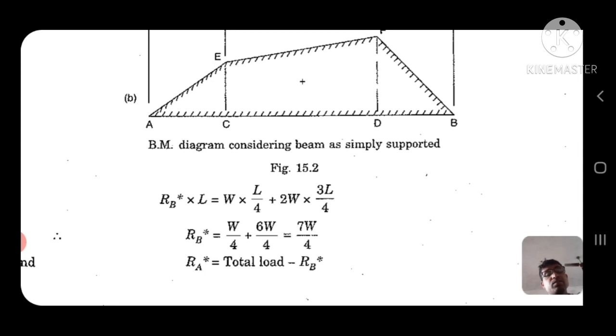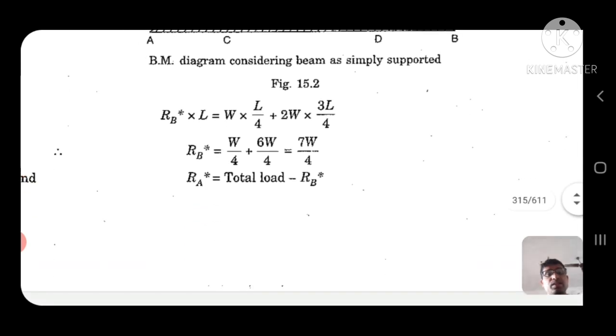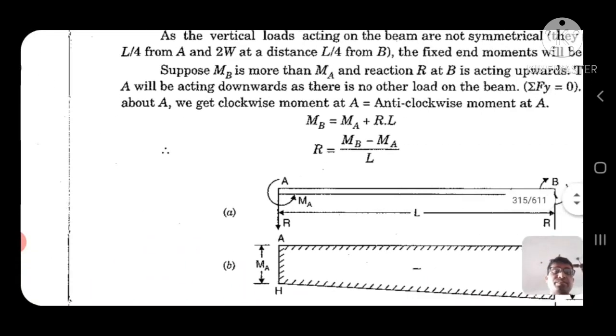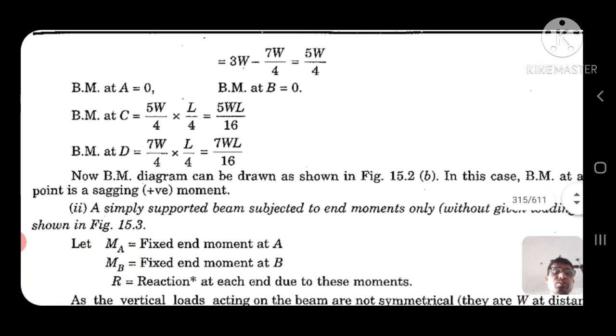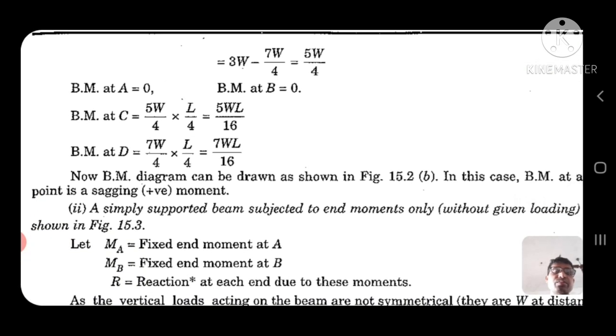Actually, that is the distance given for the point loads. So RB into L equals W into L by 4 plus 2W into 3L by 4. RB equals W by 4 plus 6W by 4, that is equal to 7W by 4. RA is the total load minus RB, that is 3W minus 7W by 4, so that is equal to 5W by 4.